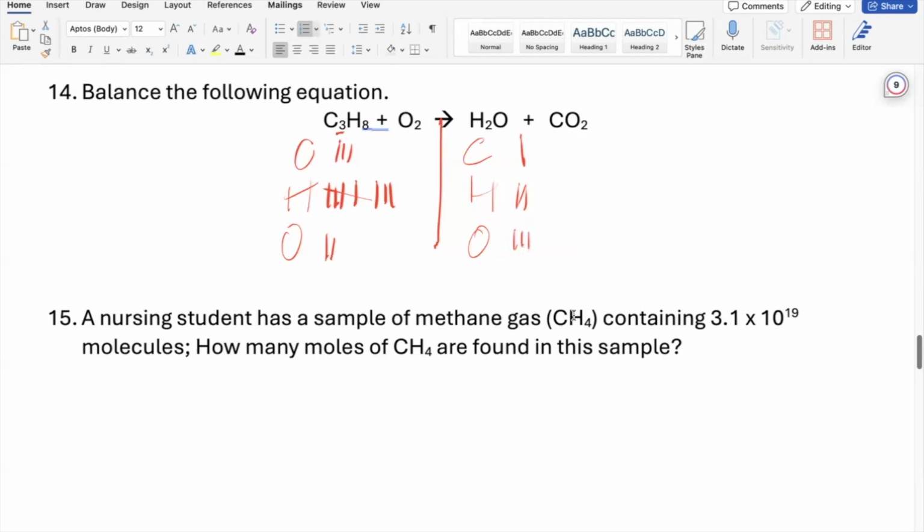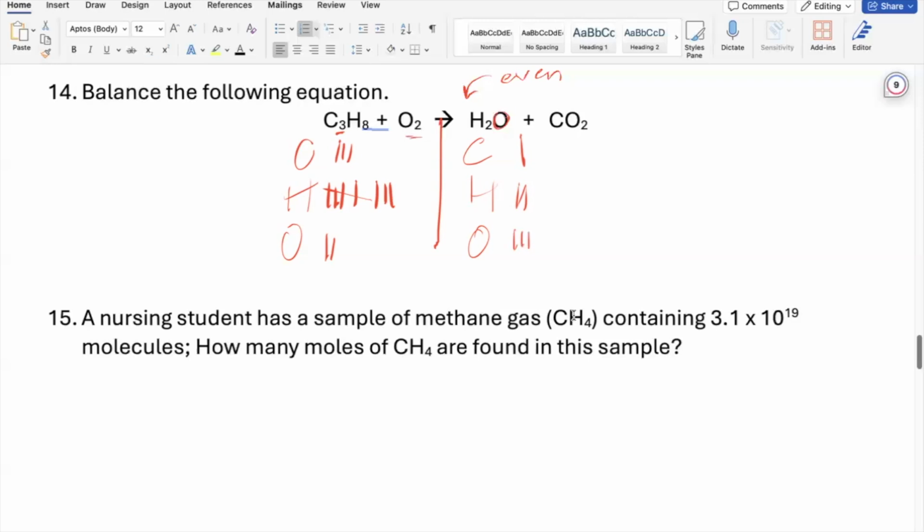There are a couple different ways we can start. I know I'm going to want an even number here because I'm going to want an even number of oxygens eventually, because I only have even numbers over here. But I think I'm going to start with the carbons.